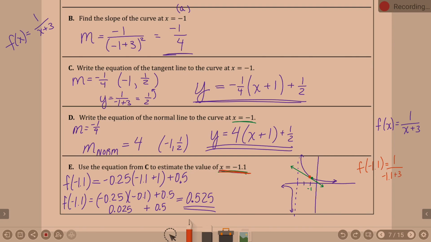Obviously, that's more of a calculator type problem, not something I'm going to take the time to do, but it actually works out to be 0.526. Your calculator would back me up on that, okay? 0.526, well, that makes this guy an underestimate.